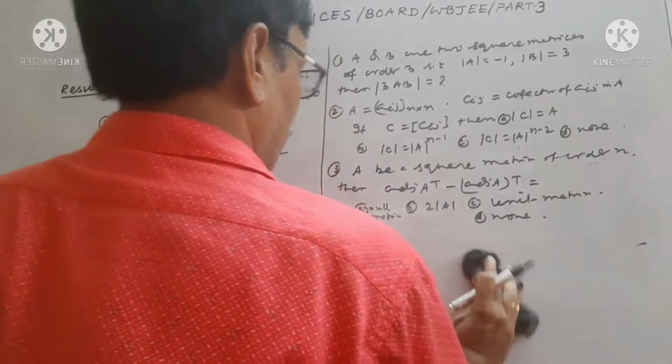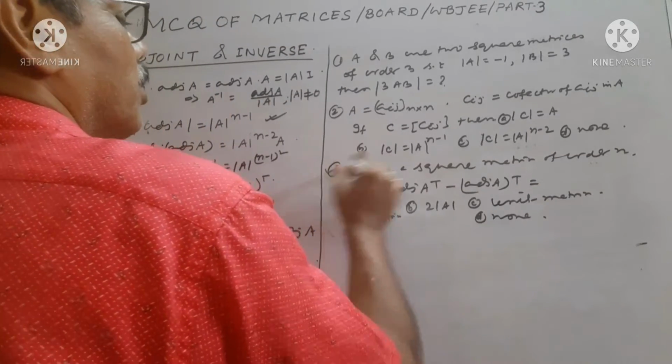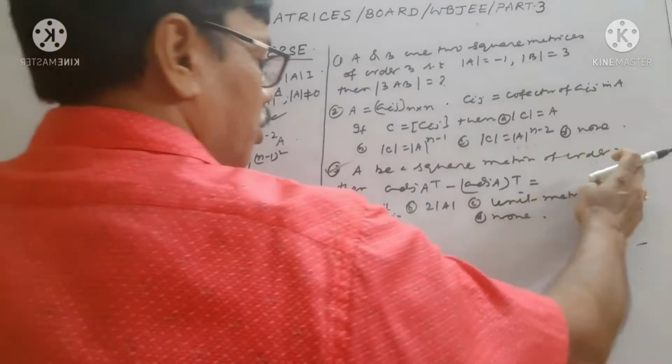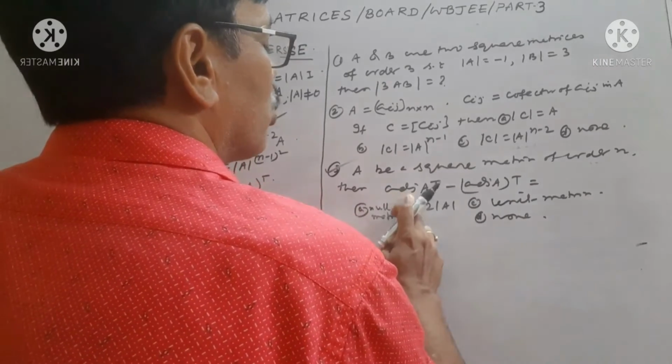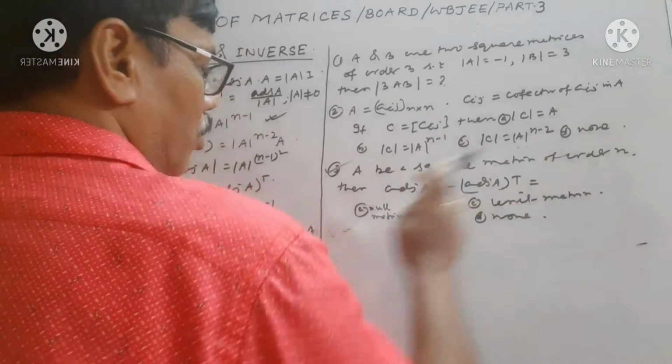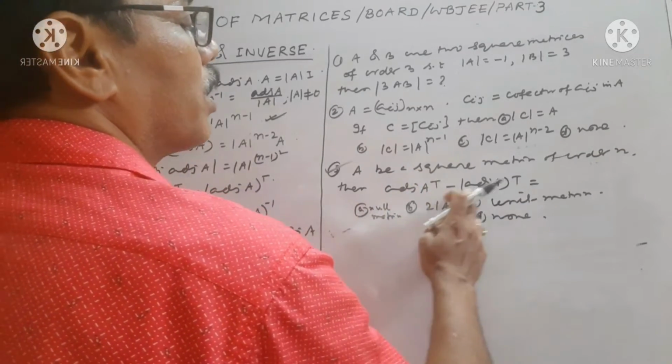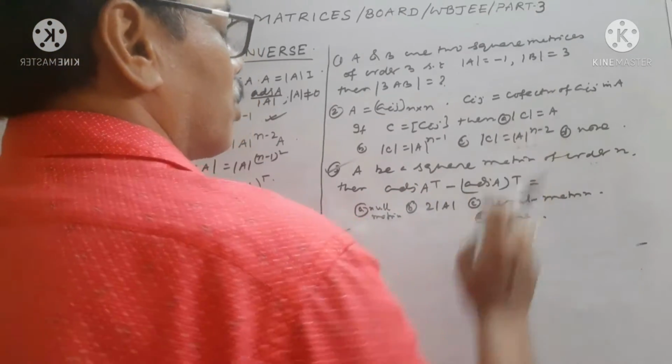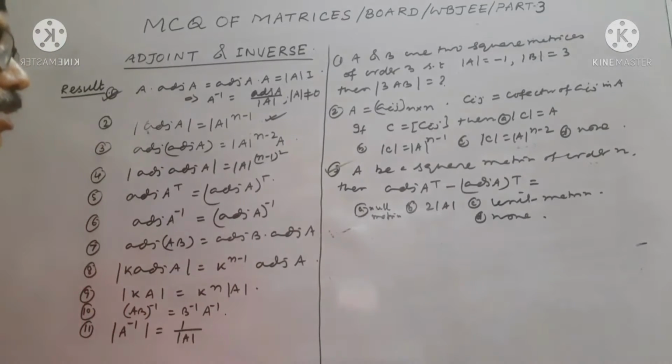Now, problem number 3. A is a square matrix of order n. Then adjoint of A transpose minus adjoint of A, whole transpose, equals what?